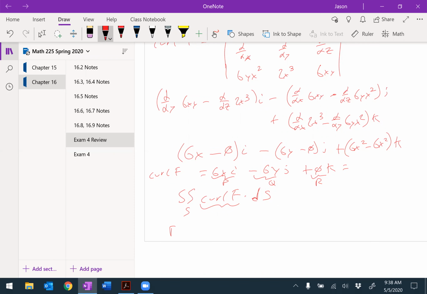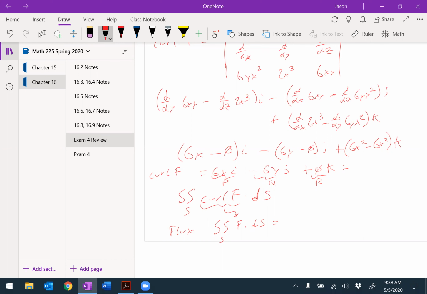To find the flux, we said that the surface integral of f dot ds, which in this case is our curl of f, that's what goes in there. So just keep this in mind, that the f is really the curl of f. That makes sense?